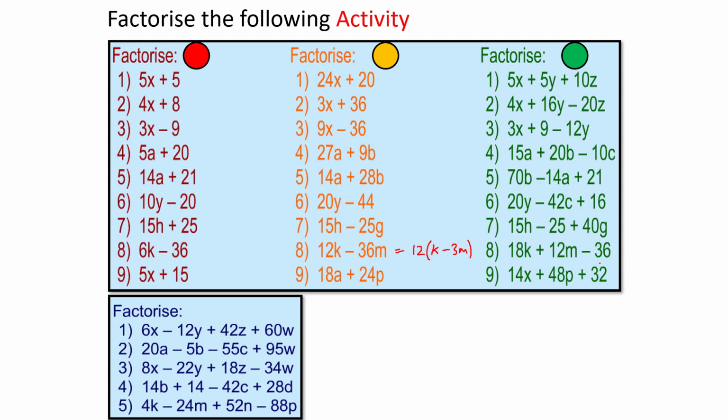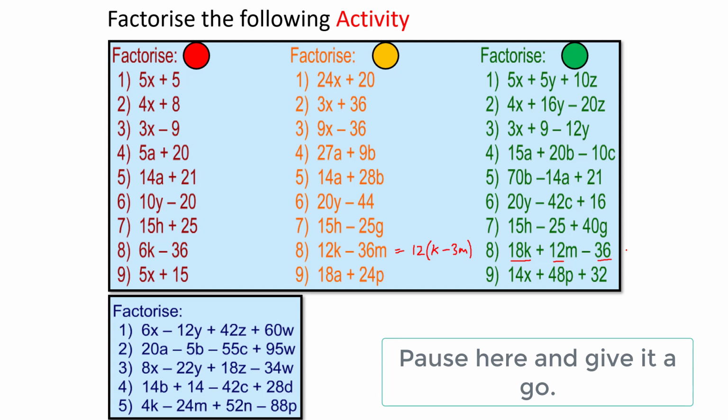So let's do question 8 here. The highest common factor of 18, 12 and 36 is actually 6. So that's got to be 6 on the outside. Put the 3k in here to get the 18k, plus 2m, because 6 times 2 will give us the 12m, and minus 6 at the end to get us the minus 36.